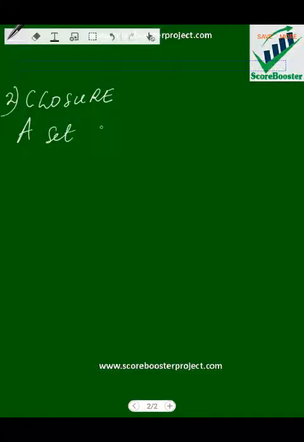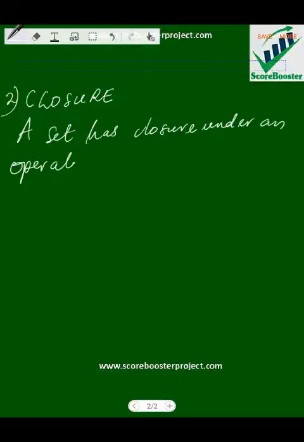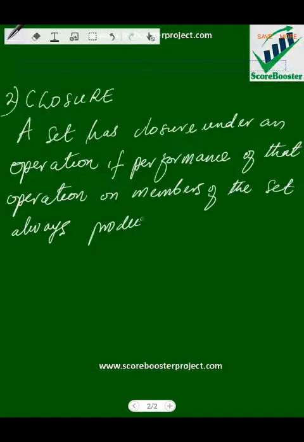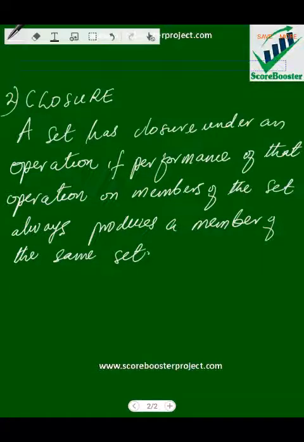We say a set is closed under an operation if performance of that operation on members of the set always produces a member of the same set. Don't be afraid, okay?